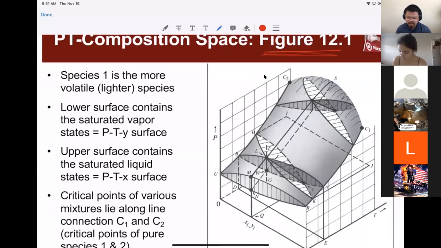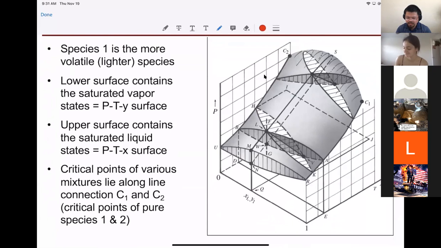So now let's take a look at what happens if we put the pressure, temperature, and liquid-vapor composition together. Then we are going to have this quite interesting three-dimensional phase diagram.